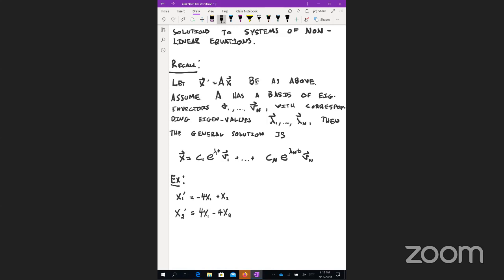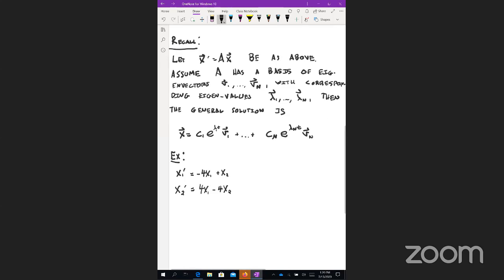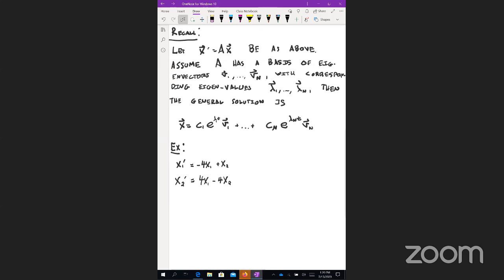This is a perfectly good system of linear equations. If you remember, the way we thought about this was we make a coordinate transformation that will diagonalize the system, then we solve it, and we make the coordinate transformation back. But of course, we've got the general formula for that, so we can just crank through the pieces.